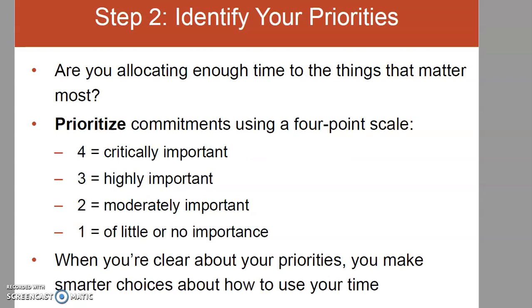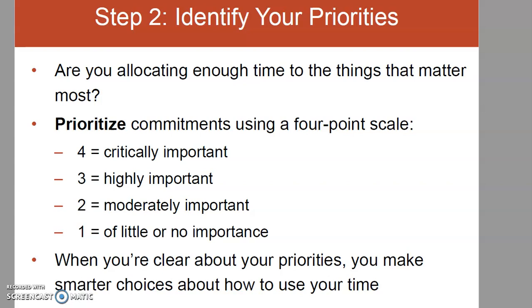Step 2 is probably the most important part of this process, where you need to look at everything that's going on in your life, all of your commitments, and prioritize them, with number 4 being critically important, number 3 being highly important, number 2 moderately important, and number 1 of little or no importance.